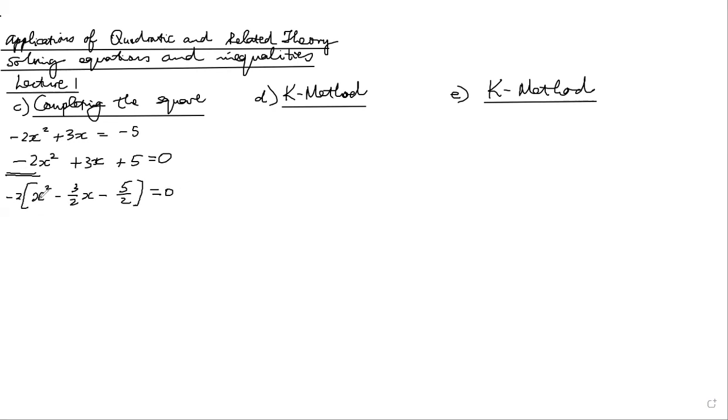Expand into the bracket to check if all the terms are correct. Negative 2 times x squared, negative 2 times negative 3 over 2x is indeed positive 3x. Negative 2 times negative 5 over 2 is indeed positive 5. Once again, within the square bracket, the coefficient of the x term is what we target in completing the square.